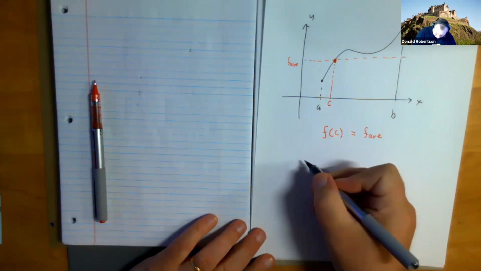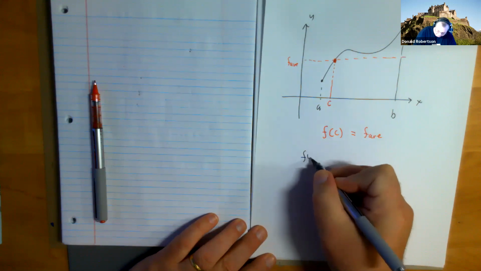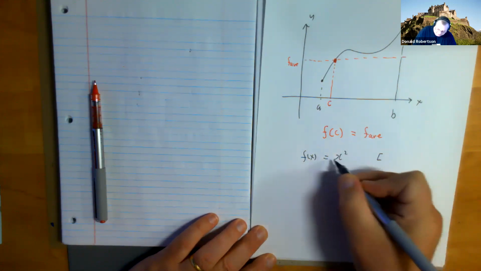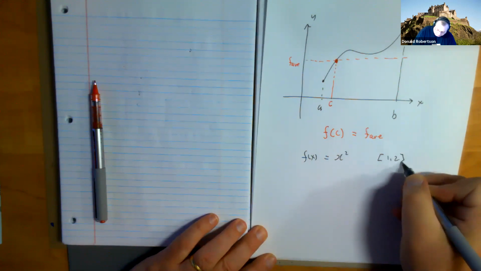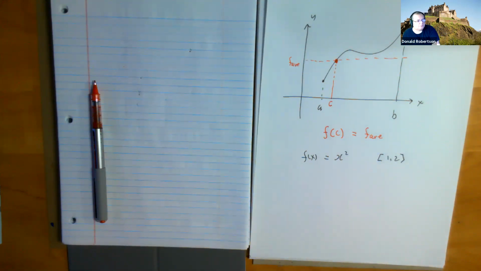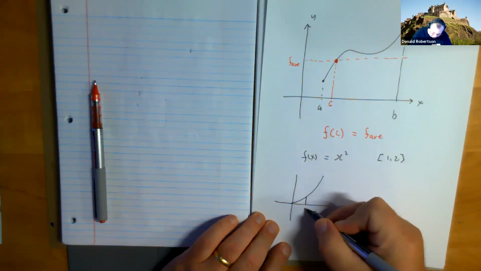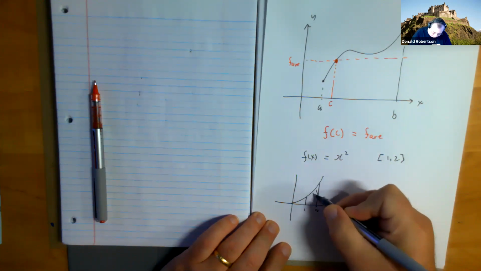So let's do a really quick one. Let's suppose I want to find the average value of x squared between 1 and 2. If I sketch x squared, it looks like this, but between 1 and 2, it looks like that, right?